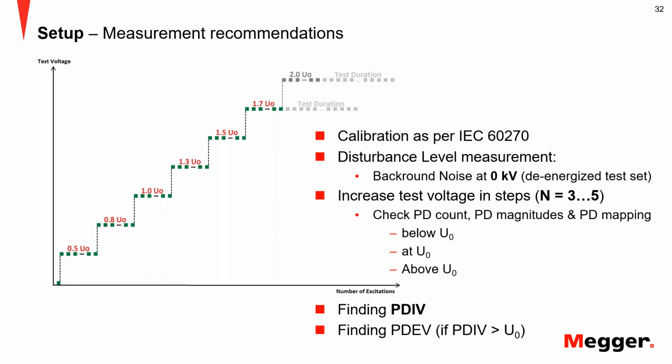Then you take measurements at U naught, because that is the critical point where the so-called discrimination happens: telling the difference between a critical condition, a condition for further study, or where you say no action required. You try to find the partial discharge inception voltage, and if you have inception, you also want to find the extinction voltage to see where the PD event extinguishes.